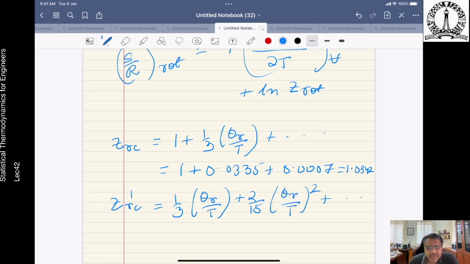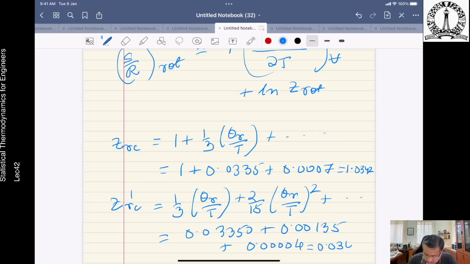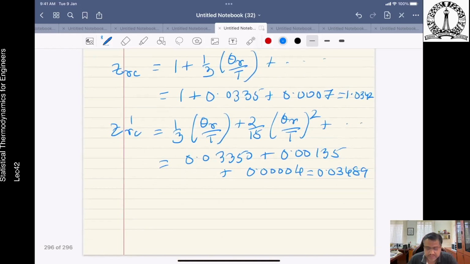Again, depending on the situation, you evaluate a few of the terms. So 0.0335 plus 0.00135 plus 0.0000 and so on, which is basically 0.03489. So this is the term.